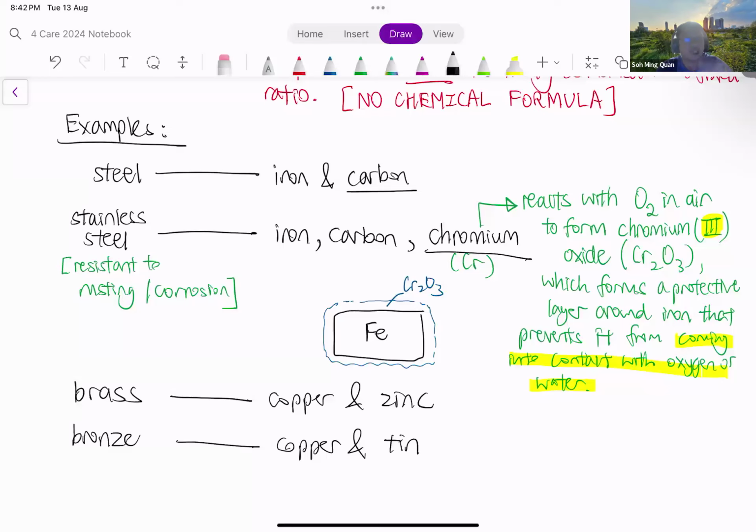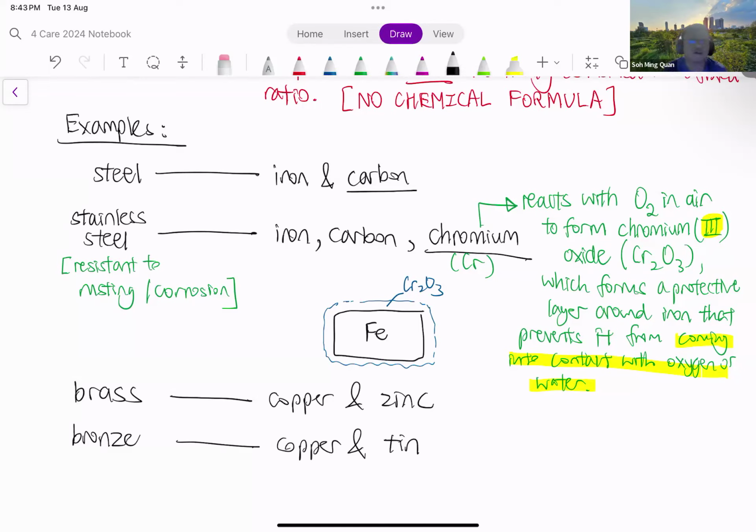It does not get destroyed, because if you try to destroy a little bit of it, the chromium will react immediately with oxygen to form chromium trioxide. All right. And now that I've said that, I'm sure you can predict which is the more reactive metal, iron or chromium. Chromium is actually more reactive than iron. That's why chromium reacts with oxygen faster than iron can react with oxygen.